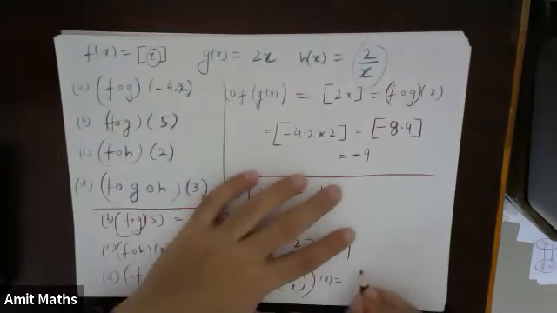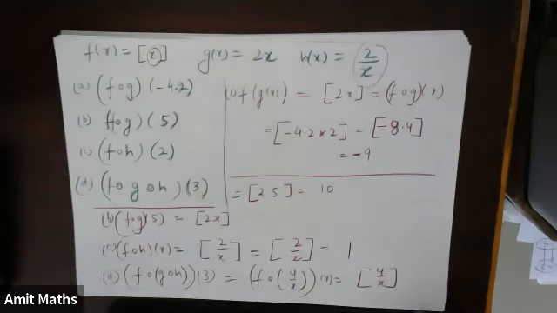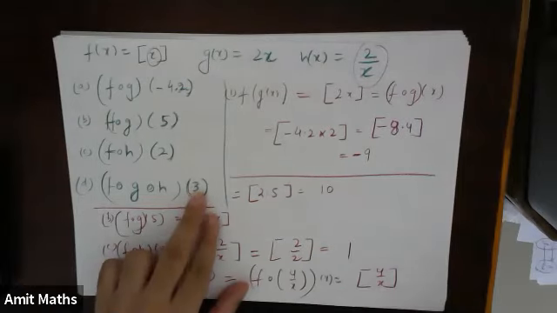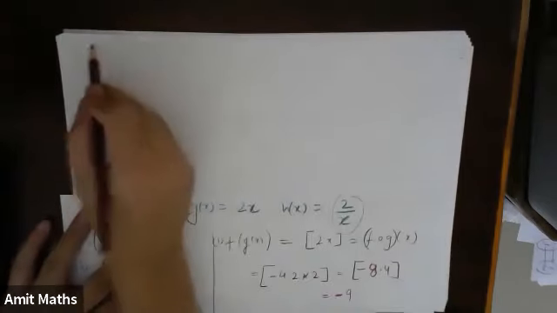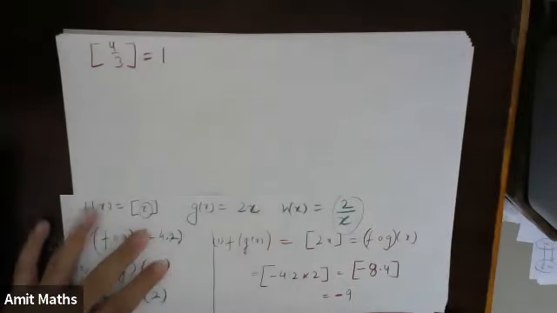So this becomes greatest integer of 4 by x. And x I have to substitute 3. So this becomes greatest integer of 4 by 3. This is nothing but 1.